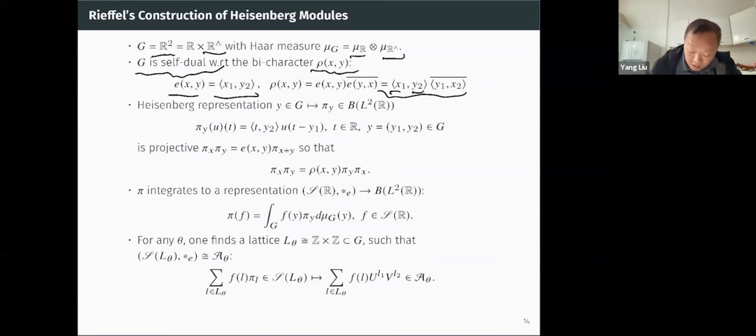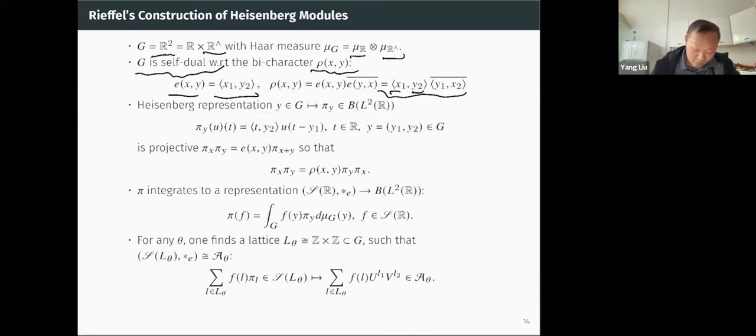Here is the classical Heisenberg representation. You can see R2 acts on the L2 space of R. R acts on itself by translation, while R dual acts by multiplication, because R dual is viewed as the characters on R; in particular they are functions on R, so you can just do multiplication. This is multiplication by the characters defined by y2, and this one acts by translation.